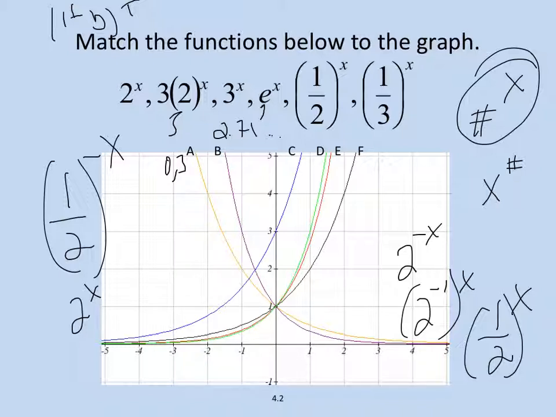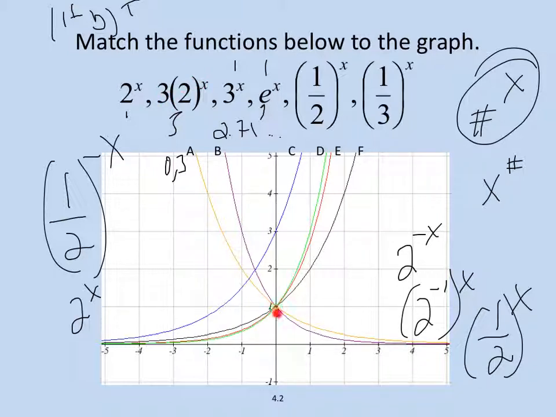For these other 3 growth equations, 2 to the 0 is 1, 3 to the 0 is 1, e to the 0 is 1. So that kind of helps us decide that, see how this C function has a y-intercept of 3? Well, that's the same thing as the a, that leading coefficient, that stretch factor, whatever you want to call it. Okay, so that tells me C is this 3 times 2 to the x.